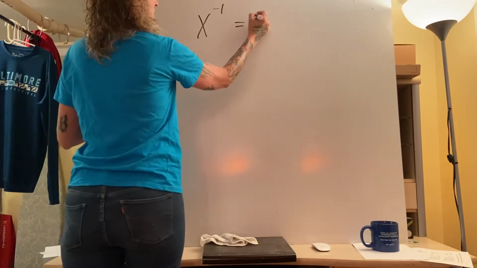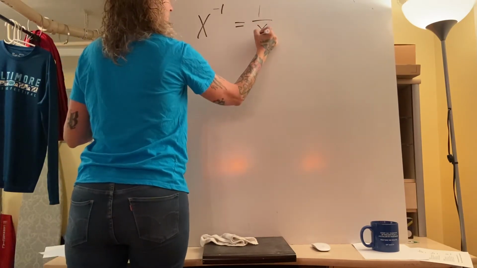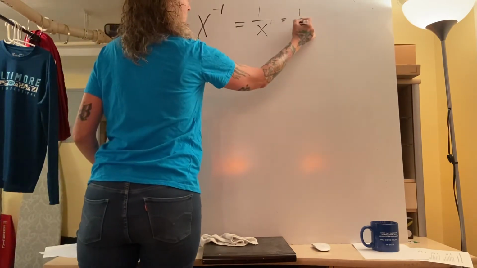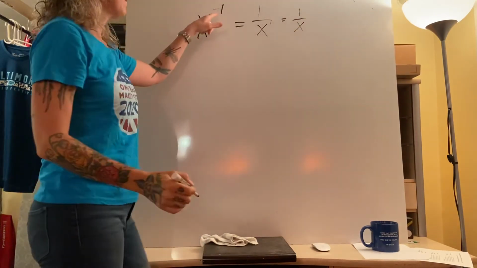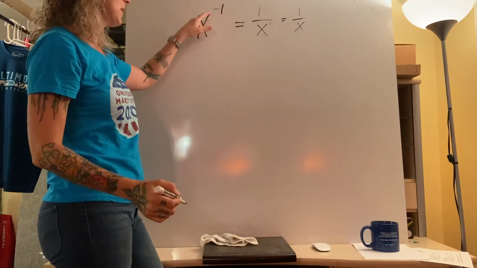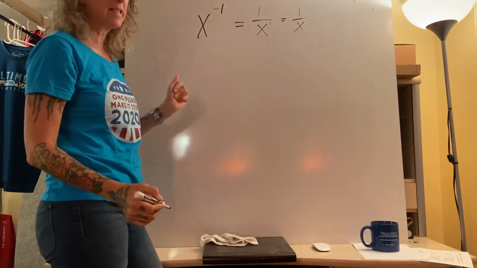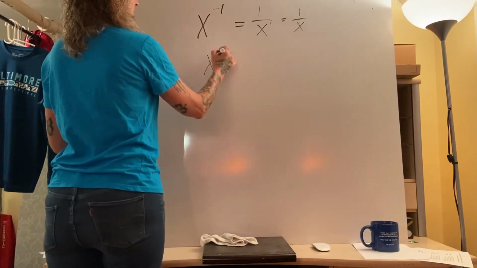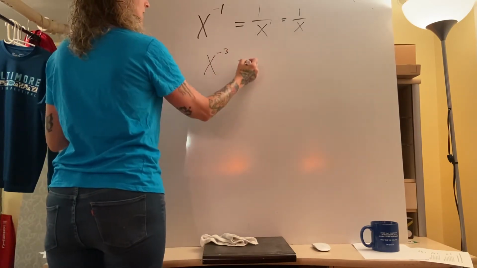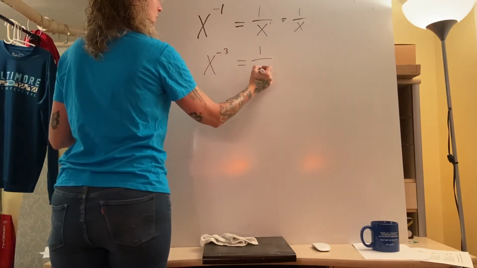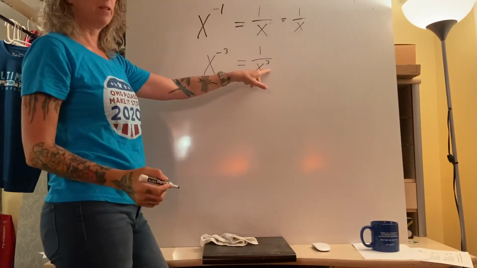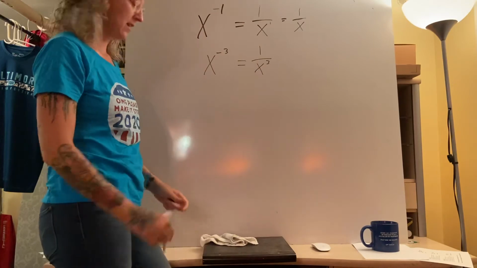So this just equals 1 over x to the first power, which is the same thing as 1 over x. So anytime there's a negative exponent, you have to flip the base, whatever the base is, okay? So if you have x to the negative 3, that's going to equal 1 over x to the third. You keep the exponent, but you just get rid of the negative.